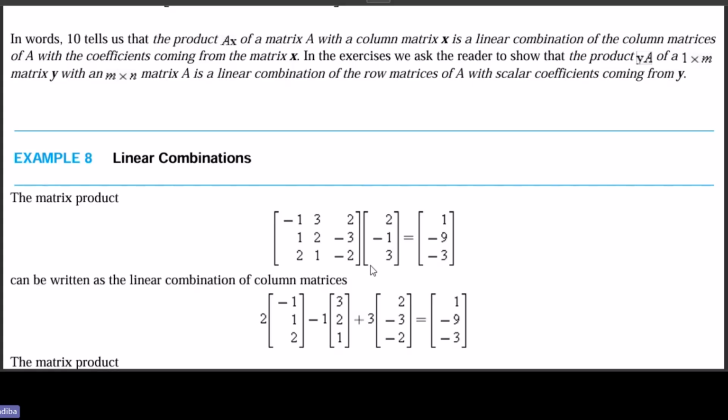We've got 3 columns in the first matrix, and the number of rows in the second matrix is 3. Therefore, these matrices can indeed be multiplied. After multiplication, we determine the size of the final matrix, which turns out to be a 3 by 1 matrix.